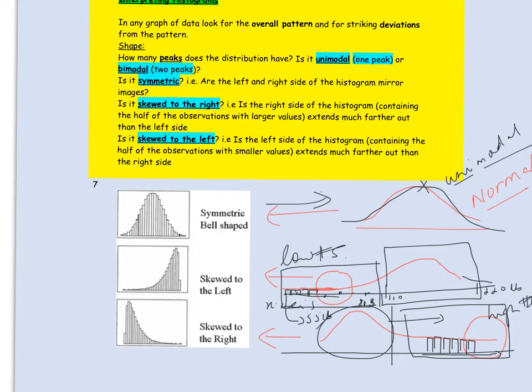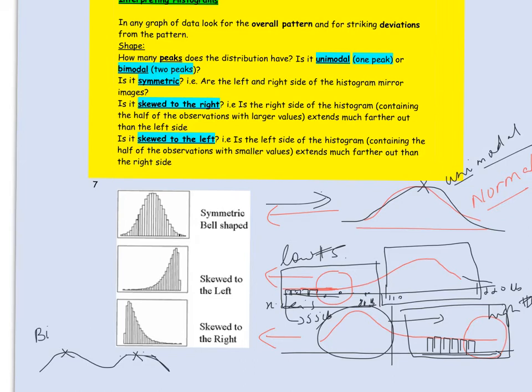Now, these are not the only types of distributions. We have many, many different types of distributions. For example, if we have a distribution that looks like this, what you notice here is that the distribution has two peaks, so it is called a bimodal distribution.